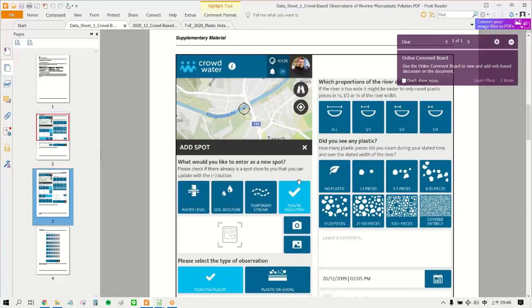You have to make a registration, and in this area you can choose the location where you do this survey. And originally this app is designed for some hydrology purpose, like the water level, soil moisture, and the temporary stream, or the flow speed.